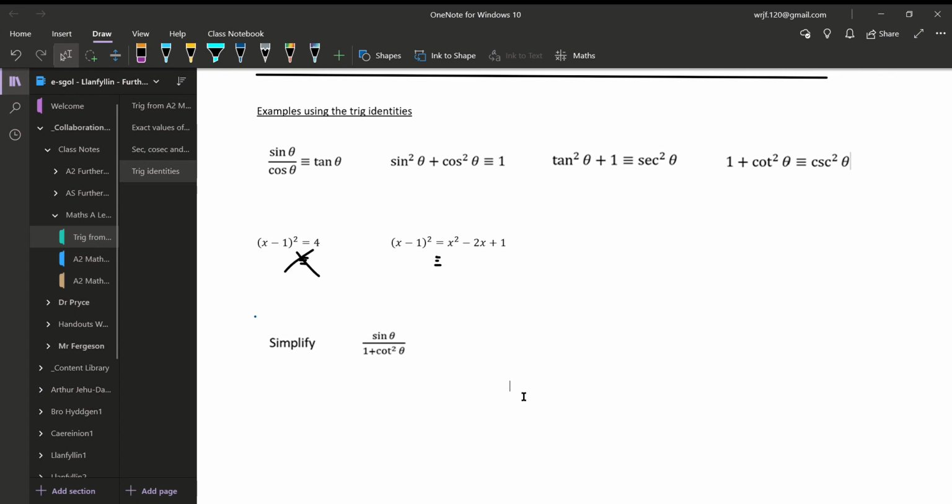Oh, I forgot to say, by the way, look at that fourth identity, the one that I'm just about to use here, and just notice this. That's an alternative shorthand way. I think it tends to be more commonly used in America, but also in software packages that write maths well. Cosec is often rewritten as CSC.